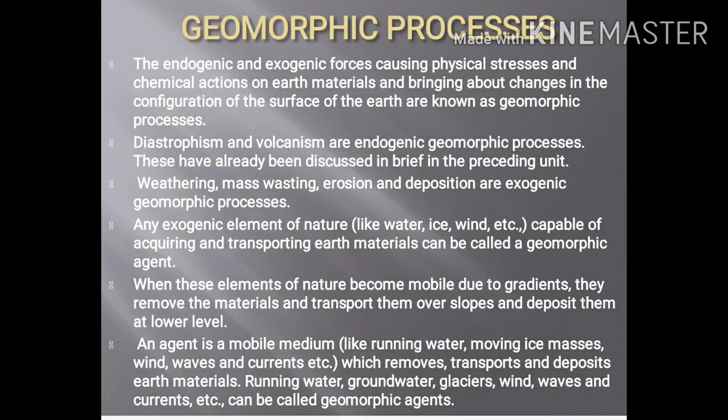An agent is a mobile medium like running water, moving ice masses, wind, waves, currents, which removes, transports and deposits earth materials. Running water, groundwater, glaciers, wind, waves, currents, these all can be called geomorphic agents.